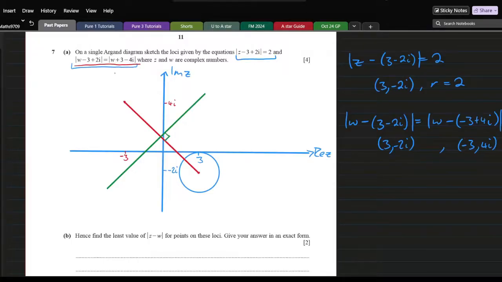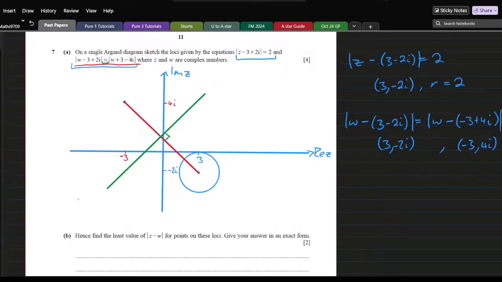Notice that this question is a bit different from previous ones because they typically bring inequalities, but in this case they've put equal signs. So for this one, for example, we are looking for the points that are at equal distance from the point -3, 4i and the point 3, -2i.